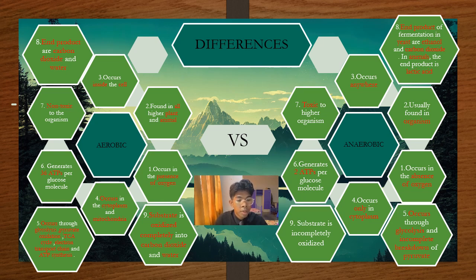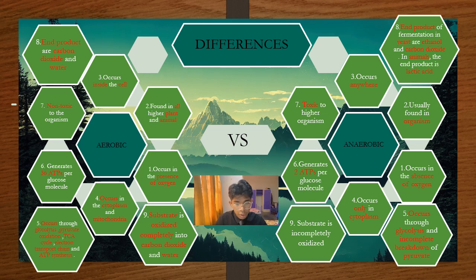anaerobic is usually found in microorganisms. The third one, aerobic respiration occurs inside the cell, while anaerobic occurs anywhere. The next one, aerobic respiration occurs in the cytoplasm and mitochondria, while anaerobic respiration occurs only in the cytoplasm.